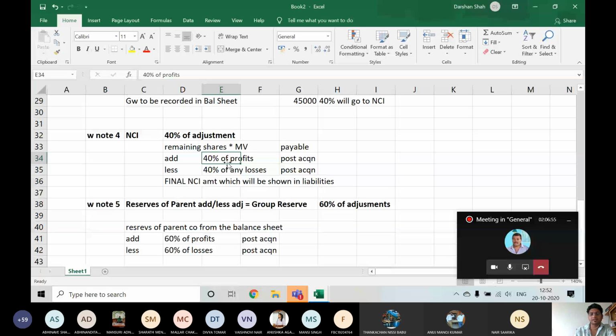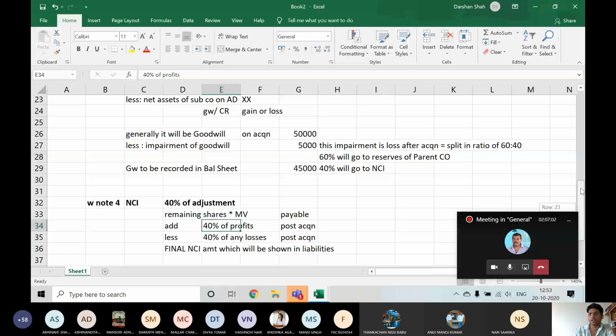Simultaneously we can do that. Okay, done.